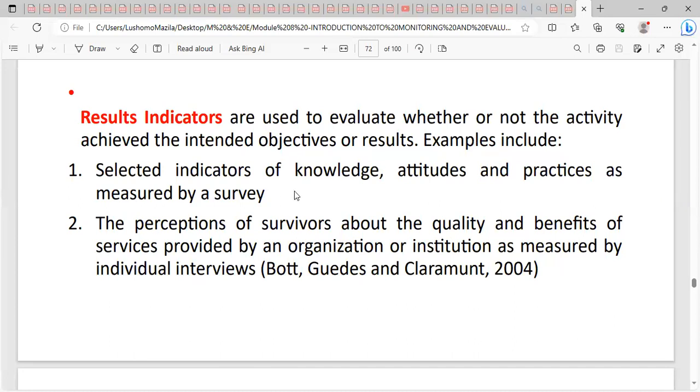Selected indicators of knowledge, attitude, and practices, as measured by a survey. These are outcome indicators, since knowledge and the change in behavior, the behavioral change, is the outcome. Outputs are the direct results from activities.